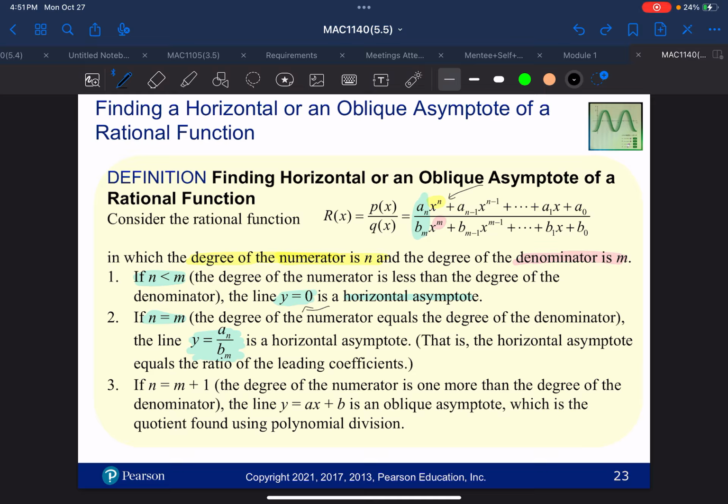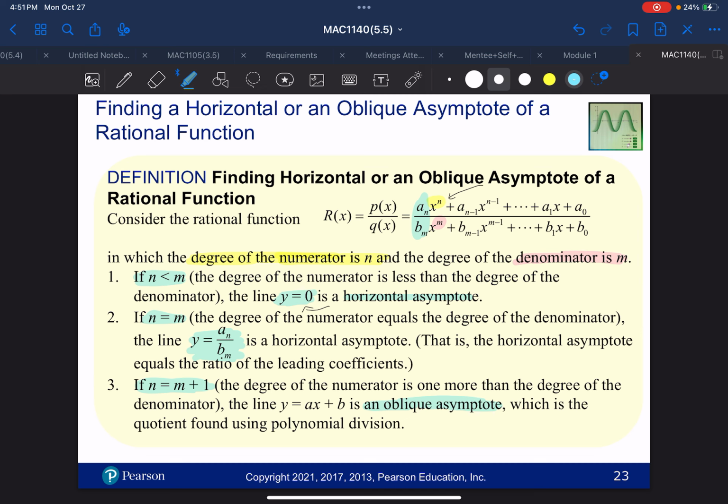And then finally, if the top degree is larger than the bottom by 1, then we will have an oblique asymptote, and it will be in the form of a linear equation.